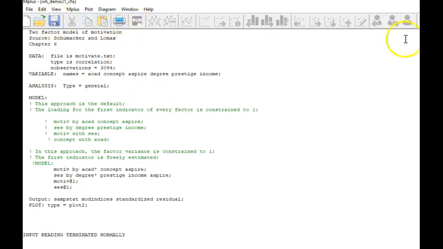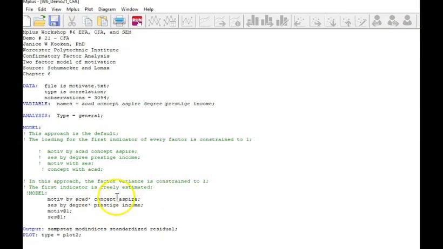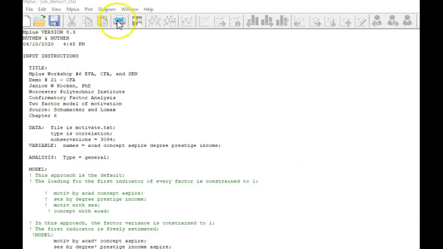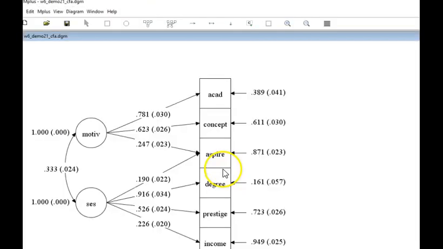And run that. Let me go back here. And now I'm going to quickly look at the diagram. You can see that SES and motivation have an arrow to Aspire, meaning that Aspire loads on both. That's called a cross-loading.